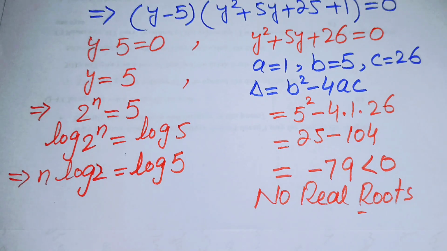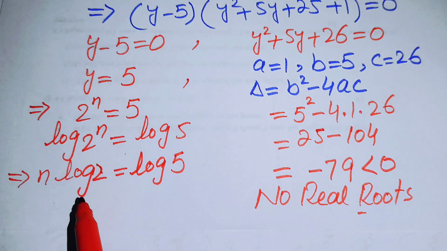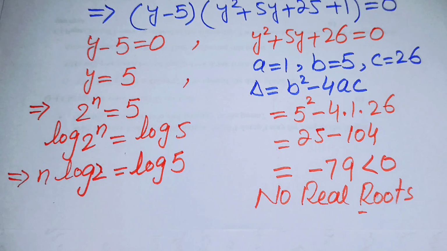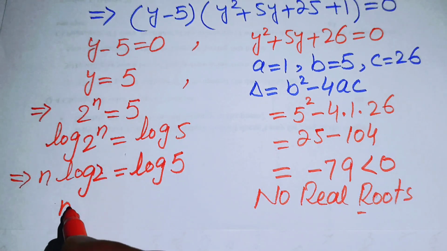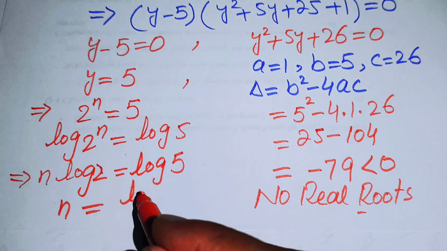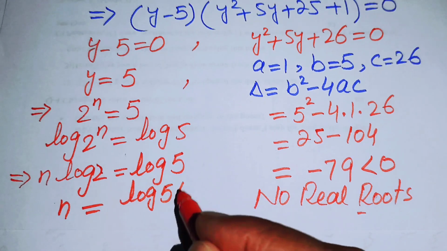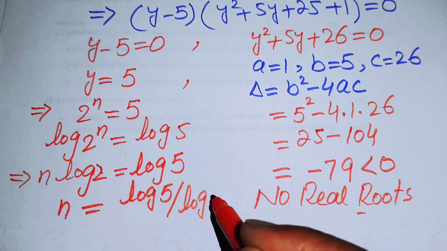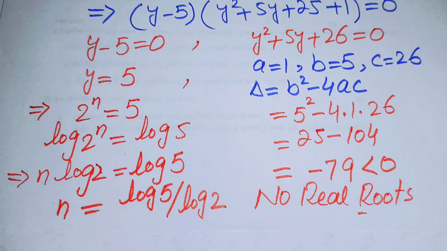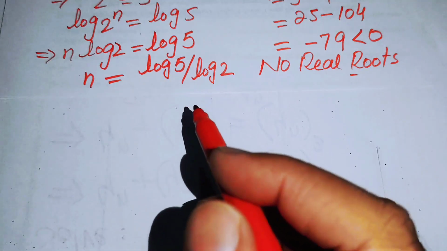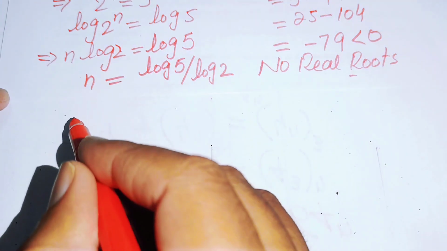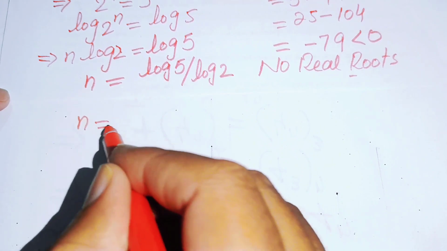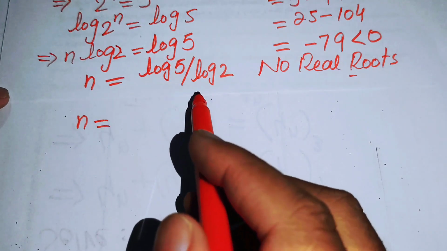So we move this log 2 to the right hand side, and it becomes n equals log 5 over log 2. And in the next step we will use the calculator in order to find the value of log 5 and log 2.